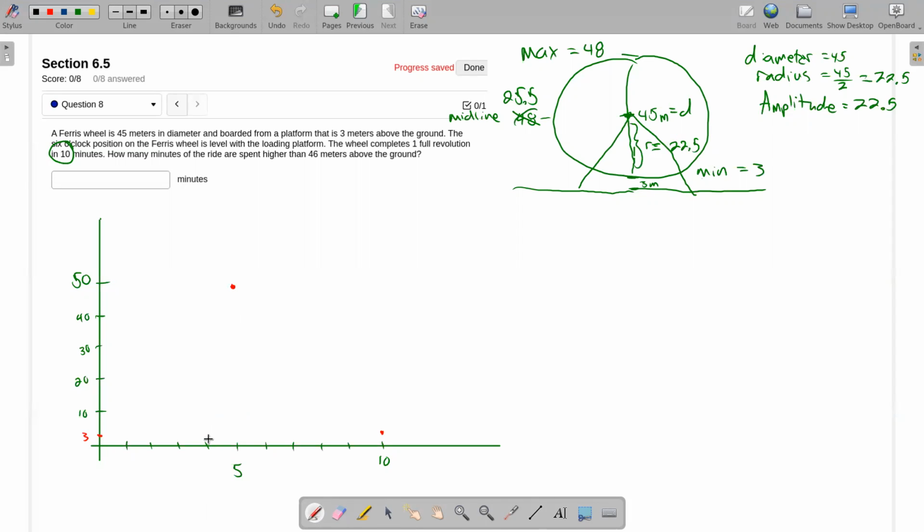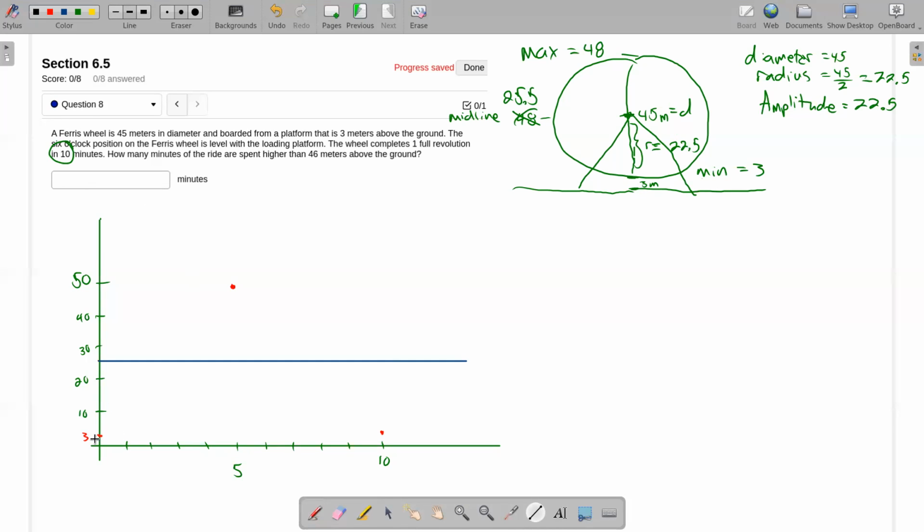Our midline is 25.5, right? 3 plus the radius. So 25 is around the middle there. So about here is my midline. Choose a different color for that. So that's about the midline there.